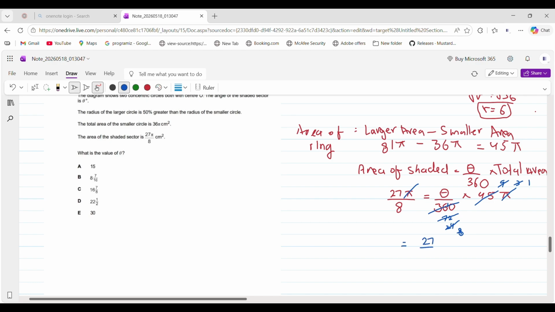Now let's see what we are left with. 27 by 8 equals theta by 8. This 8 cancels with this 8. So the value of theta we have gotten is 27, which is not given in the options, and I don't believe we have it in our whole numbers either. So basically our answer is 27.